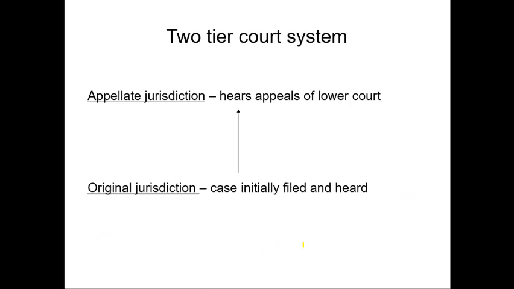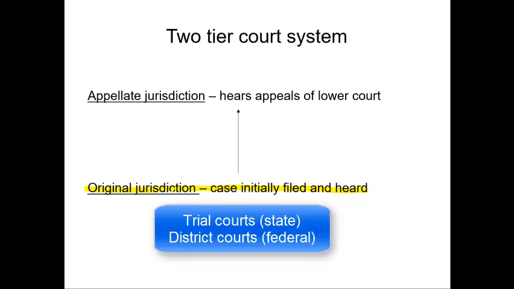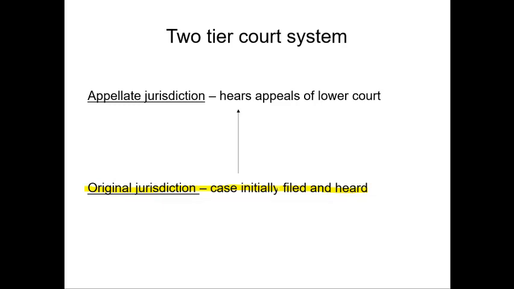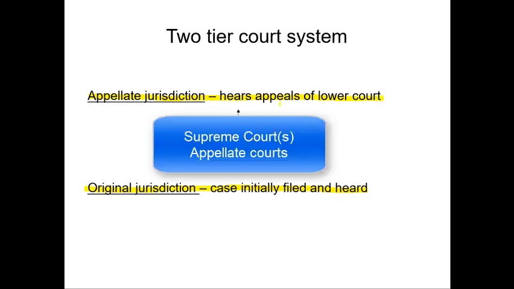Now let's talk about the two-tier court system. And this is in both state and federal courts. Very broadly, very generally, what we have is original jurisdiction, which typically includes the trial courts, criminal and civil. And then if you want to go higher than that, you would go to the appellate jurisdiction, which includes the state appellate courts and the federal appeals courts.